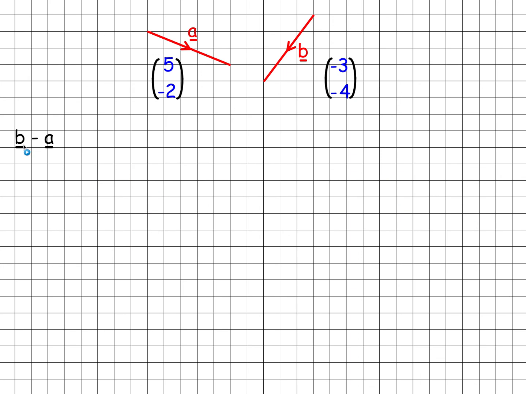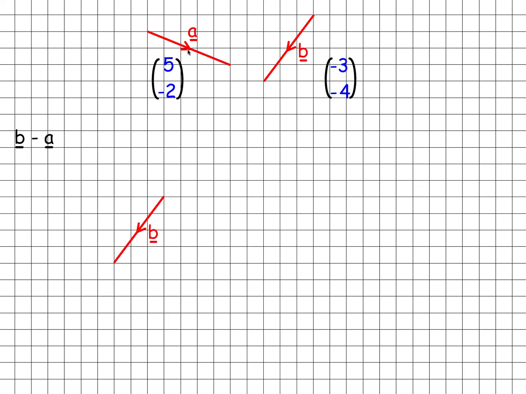Here's a subtraction, B minus A. There's A and B again. So take B, there's B, and take the negative of A. So subtracting A is the same as adding the negative of A. That means take A and reverse its arrow.